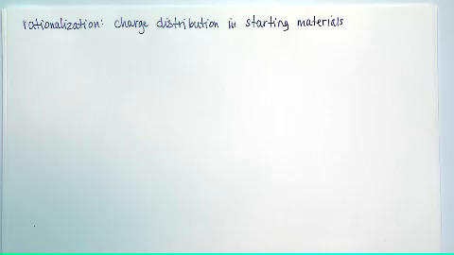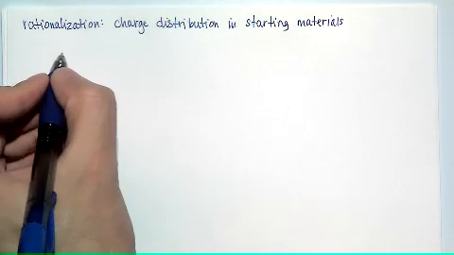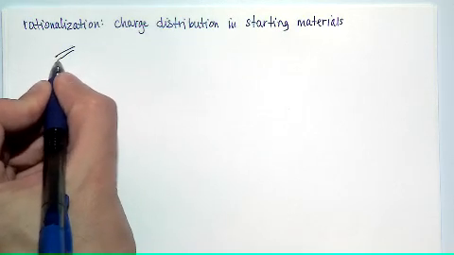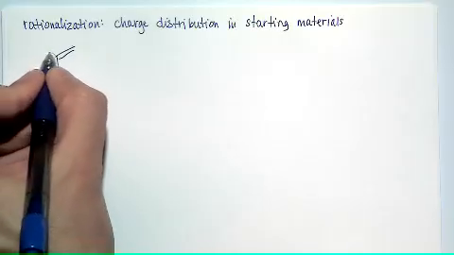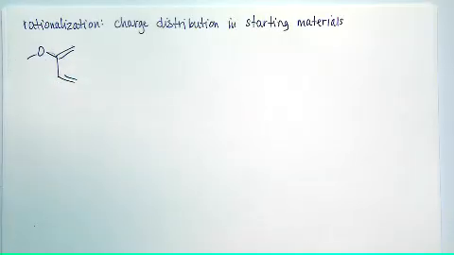So the rationalization we're going to use is how charges are distributed in the starting materials, specifically in the resonance structures. So we've got to draw some more resonance structures. Okay, so there is our diene.